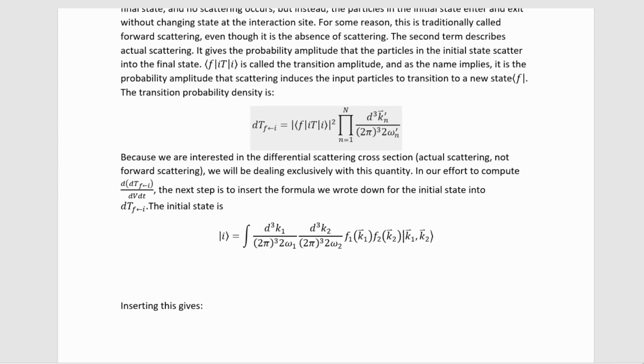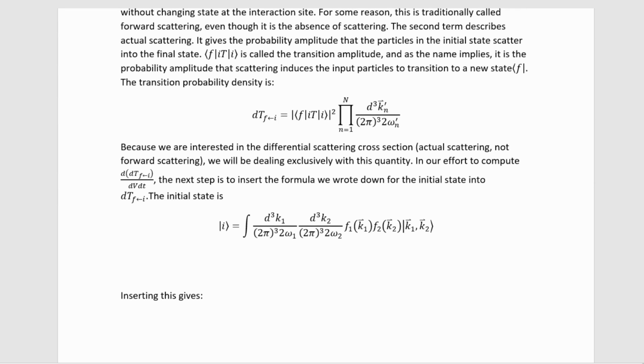Because we are interested in the differential scattering cross-section, actual scattering, not forward scattering, we will be dealing exclusively with this quantity here. It, of course, is the transition probability, so if you want the transition rate per unit volume, this quantity here, we're going to have to be dealing with that. We're not interested in forward scattering here.